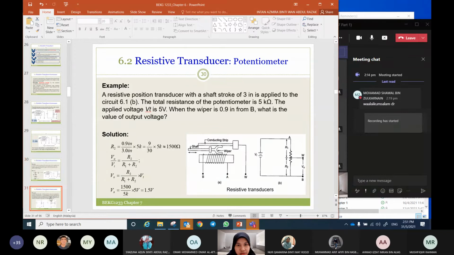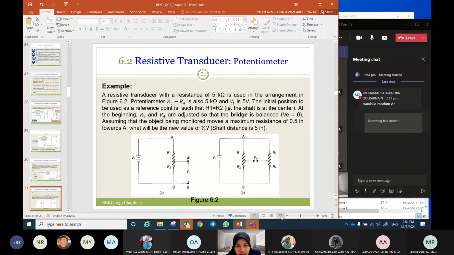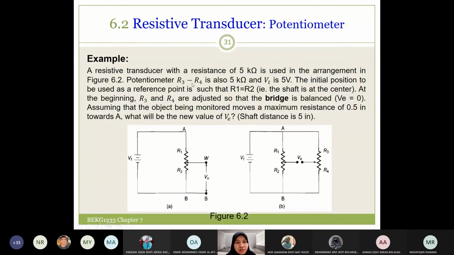And then this is another example. A resistive transducer with a resistance of 5K is used in the arrangement in figure 6.2. Potentiometer R3, R4 is also 5K, and the total is 5 volts. The initial position used as a reference point is such that R1 is equal to R2, meaning the shaft is at the center.